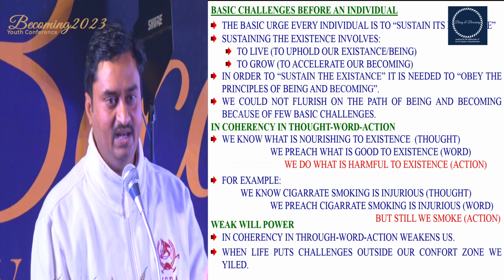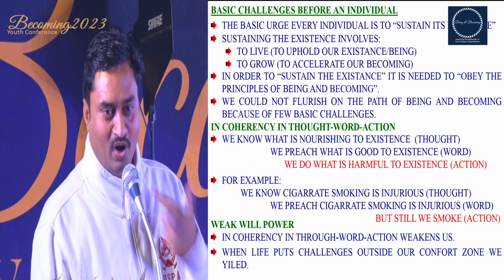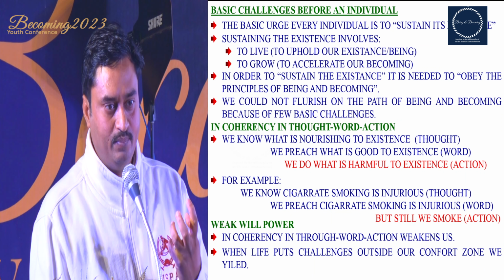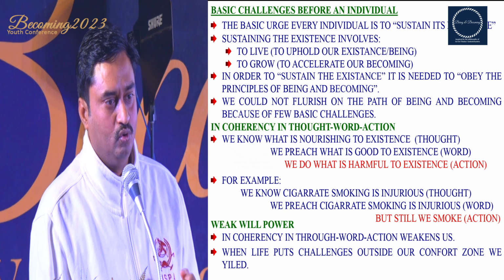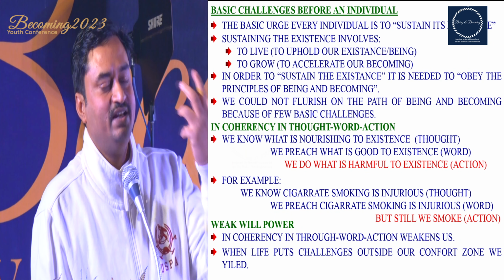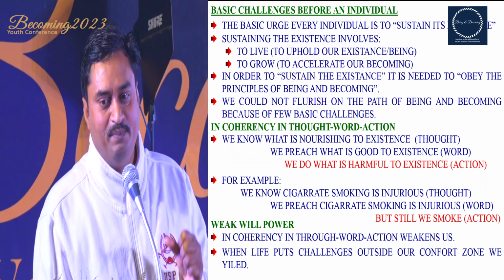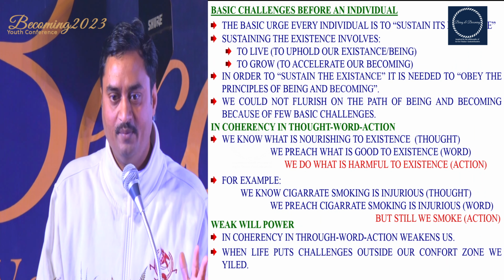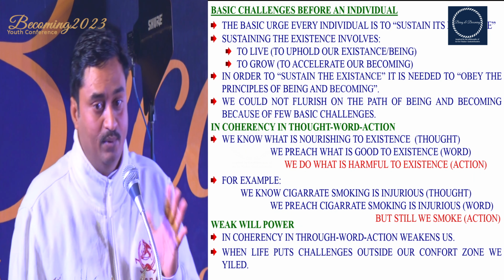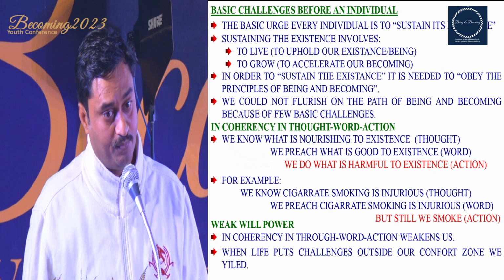If I want to live and grow, that is my basic urge, then why am I not able to live and grow in a flourishing manner? Because there are certain principles of being and becoming, and I'm not able to follow them. I know what is good for me, I know what is bad for me, but I'm not able to decide, and when coming to action, I'm not able to replicate it properly.